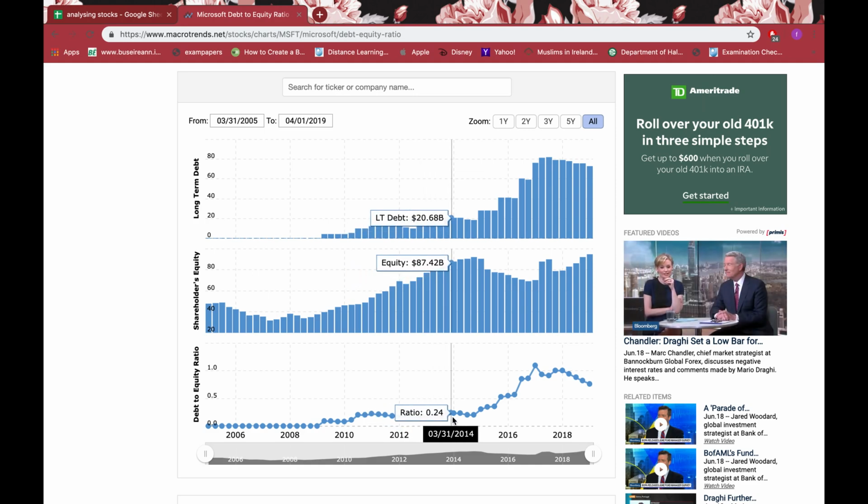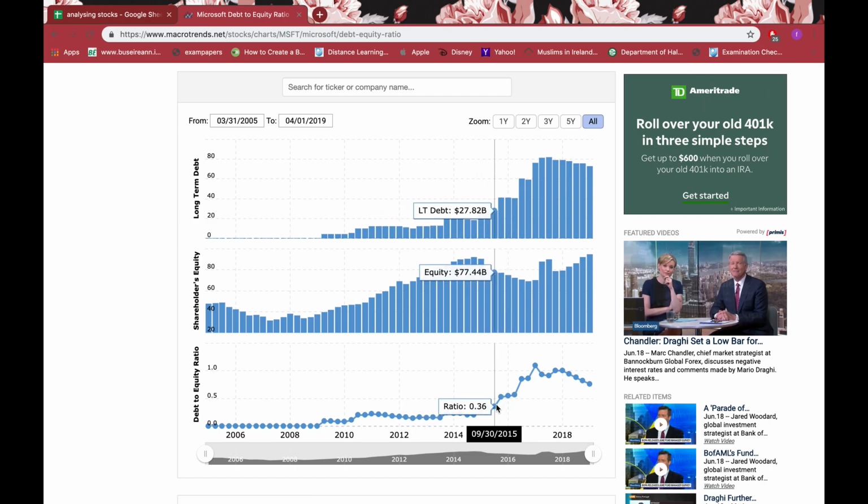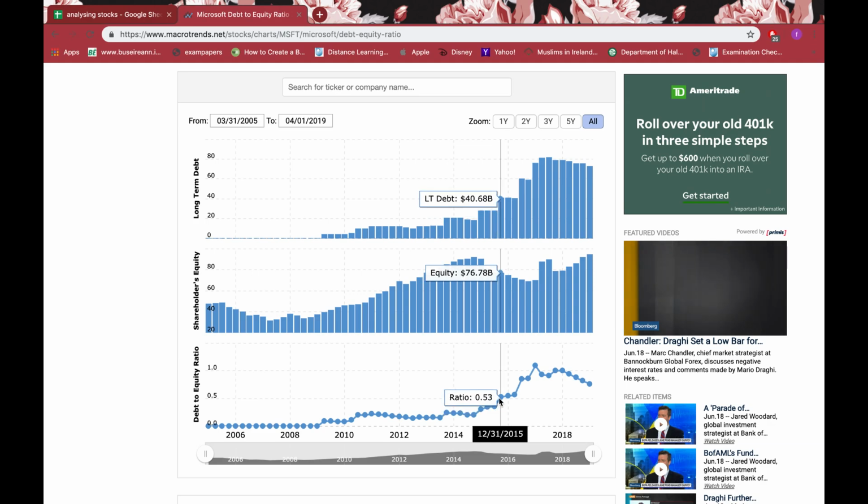Up till 2015, it's 0.36, which is not very scary. But in 2015, for example, it's 0.53. If it's more than 0.5, then it is very risky to buy stock in that firm, because they are operating a lot on long-term debt.